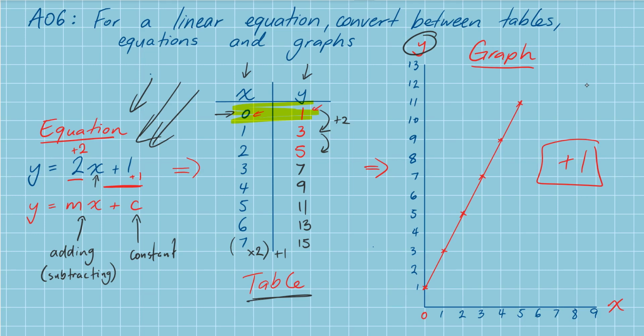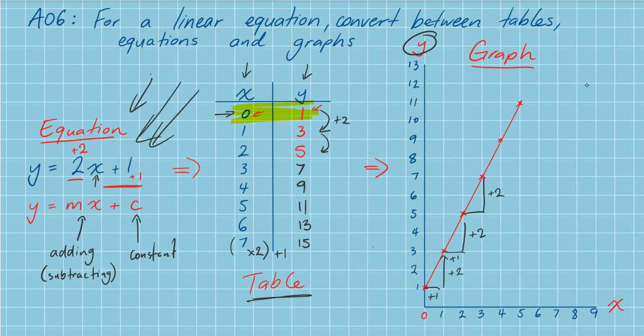Now, you may have also noticed how much that line is increasing every single time it moves across. As it moves across 1, it's going up 2. And that's consistent. 1 across, 2 up. 1 across, 2 up.